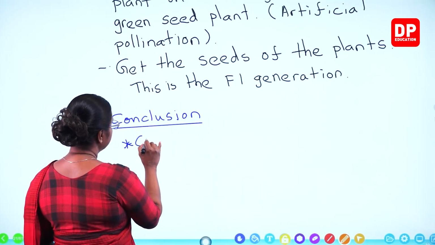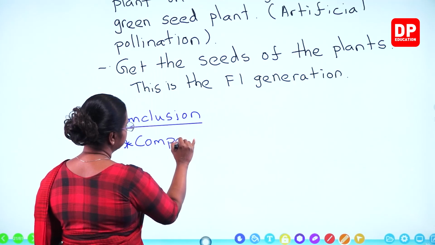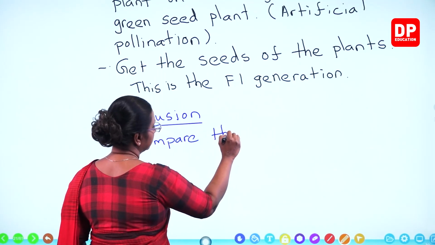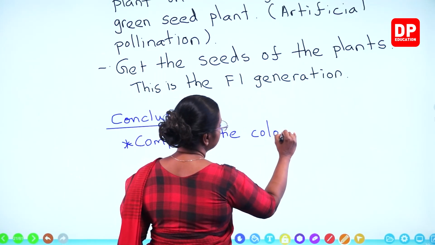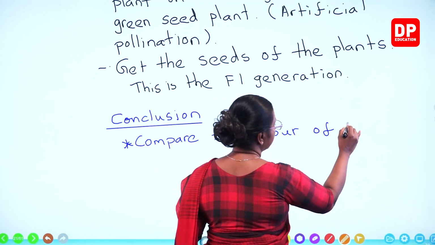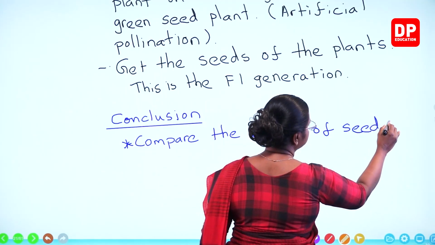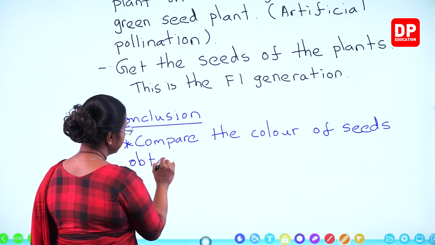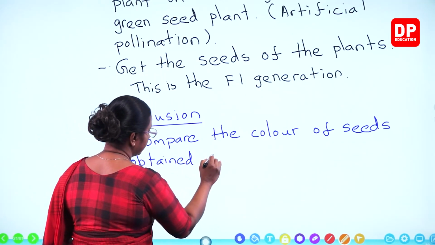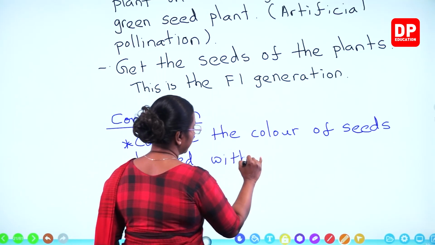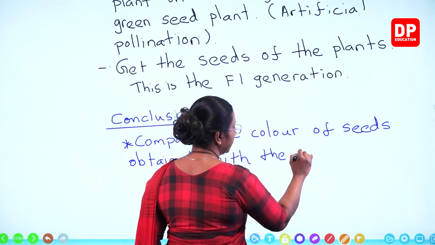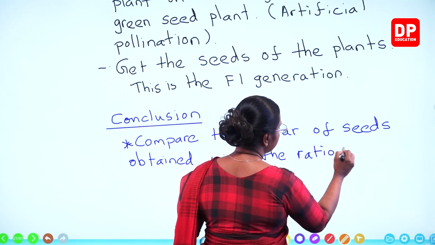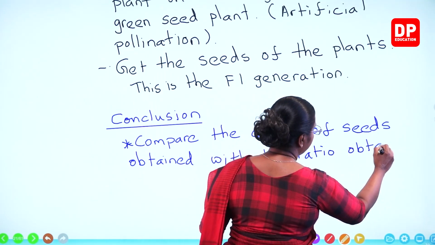What do we do? Compare the color of seeds obtained with the ratio obtained.